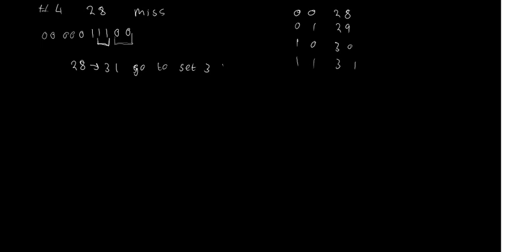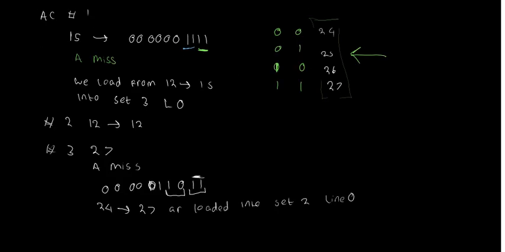So I'm going to let you guess what line this goes to. It goes into line number 1, because remember each of our sets has 2 lines, and initially here set 3 we occupied with this block over here from 12 to 15, right? So meaning the next time we put something in, it's going to go into line number 1, right? We're going to load that.